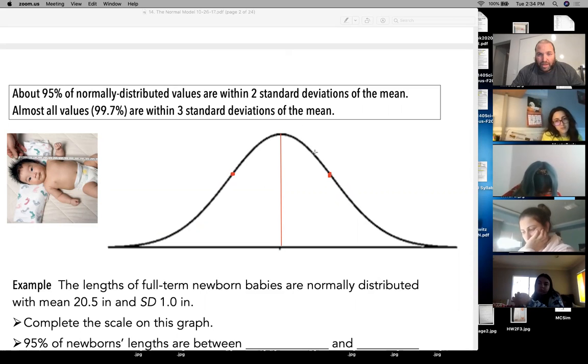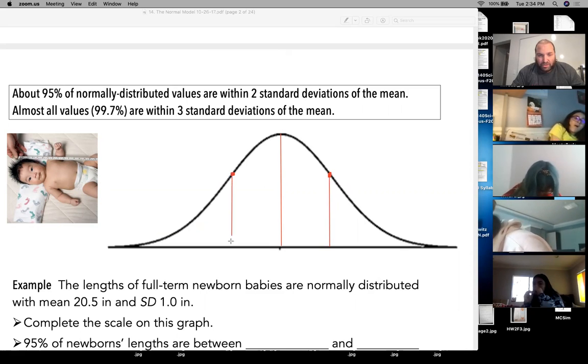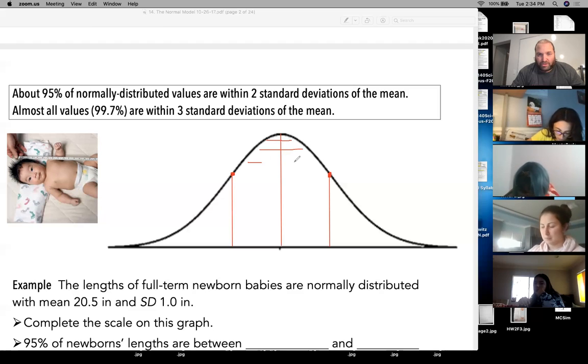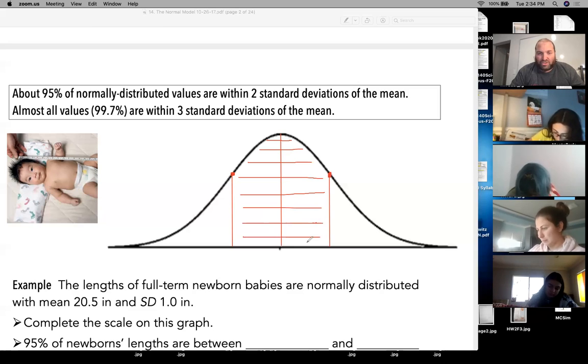So that is one standard deviation left, and one standard deviation right. The question is, how much of the data falls in this region of one standard deviation left to one standard deviation right?